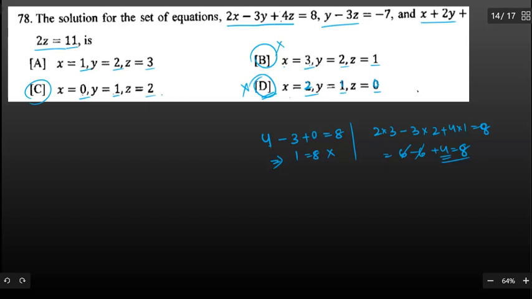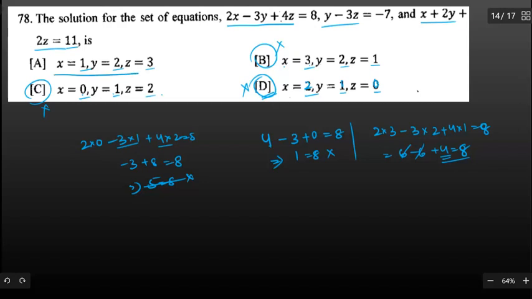0, 1, 2. So here we put x as 0: 2 into 0 minus 3 into 1 plus 4 into 2 is equal to 8. Is it possible? 0 minus 3 plus 8 is equal to 8, or 5 is equal to 8. This is not possible. So C is also cancelled.